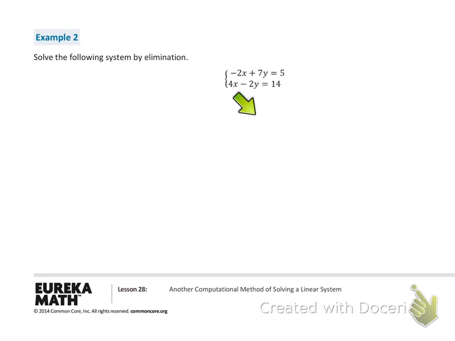So neither x nor y is going to be eliminated when I add those together. So I have to do something else first.